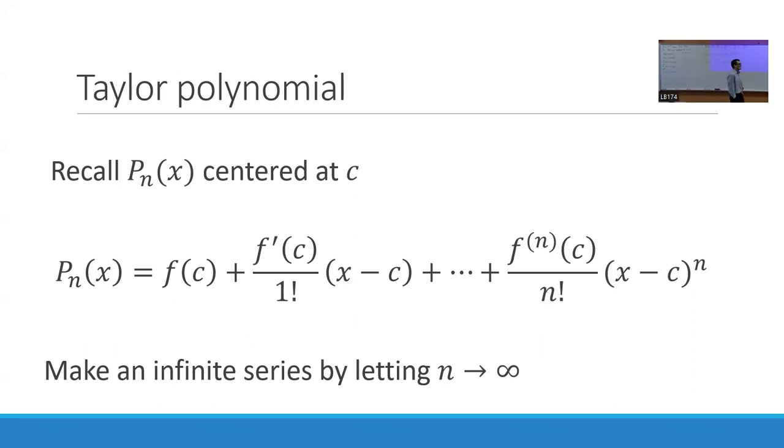And the reason that 8.8 doesn't take too long in terms of the Taylor series is that the main work has already been done. We've already dealt with Taylor polynomials.